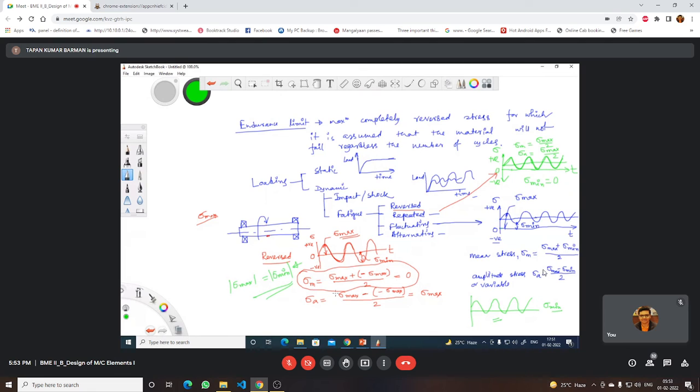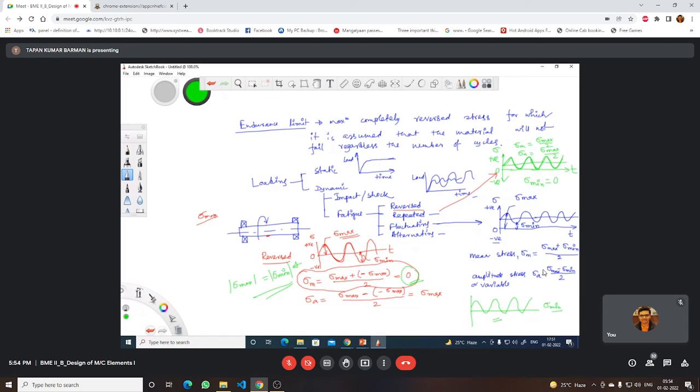It is basically your reverse stress, but what I have highlighted here, for reverse stress, this mean stress should be 0. That was the highlight point. Understand? How do you understand whether this loading or this type of loading is reversed or not? So you have to find mean stress. If the mean stress is 0, that means that loading is reversed loading.